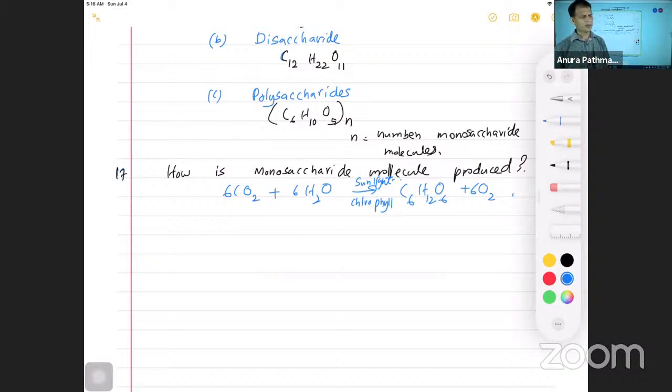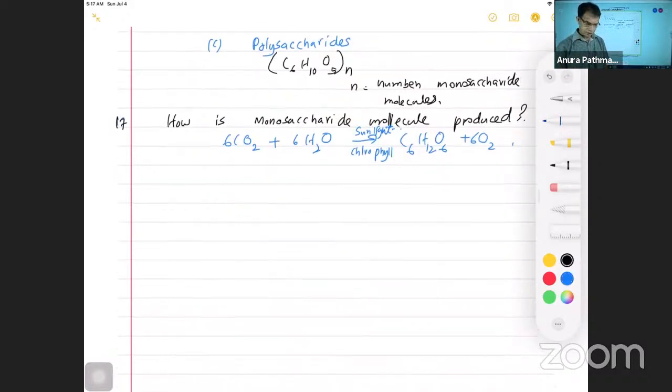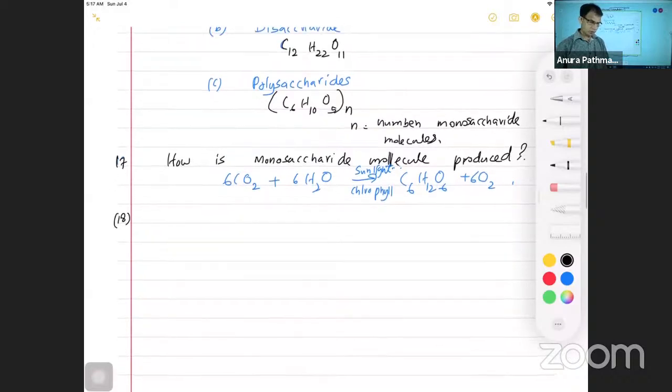Can all the plant cells do it? The answer, no. Only plant cells which have chlorophyll can do it, right? And question number 18.